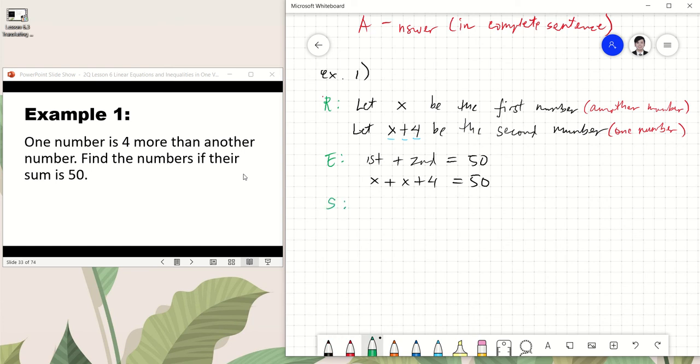Now, given the equation, you solve this. When we are asked to solve, we are isolating the x. Okay? For this, we simplify first the left side of the equation. So x plus x, 2x plus 4. Then next, we need to isolate the x in here.